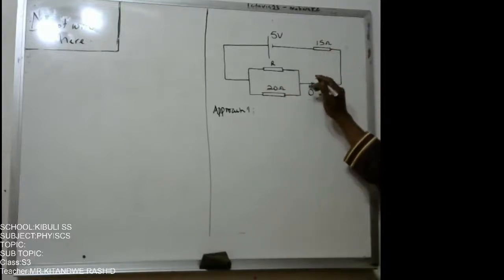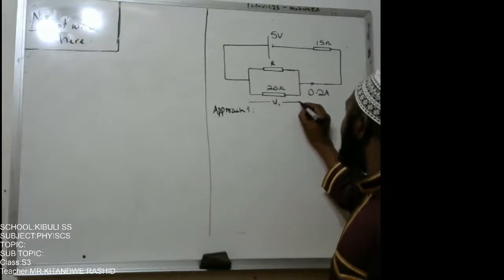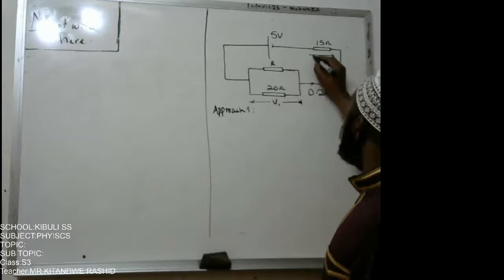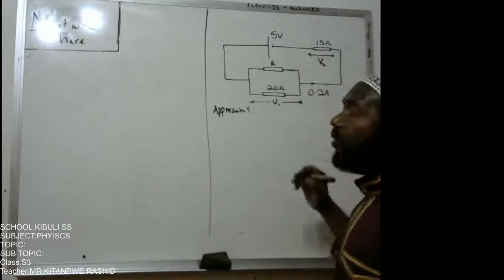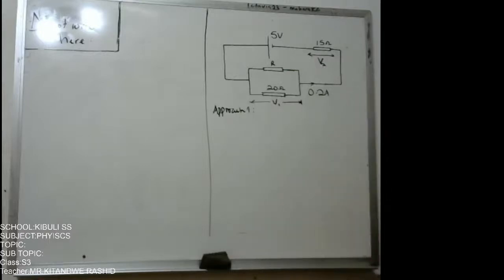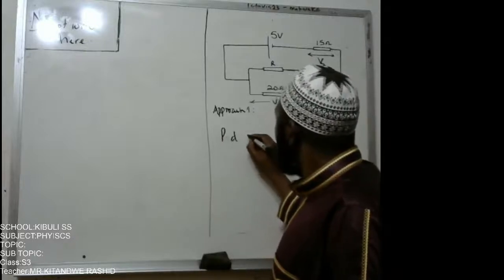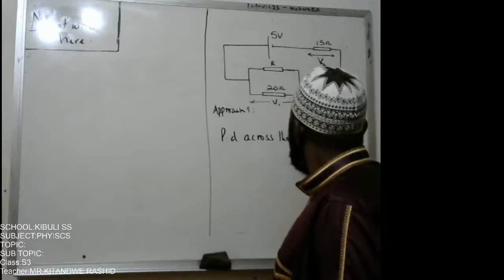So the sum of the PD across the parallel circuit plus the PD across the 15 ohm will give us the total PD of 5 volts. So let's get the PD across the 15 ohm.